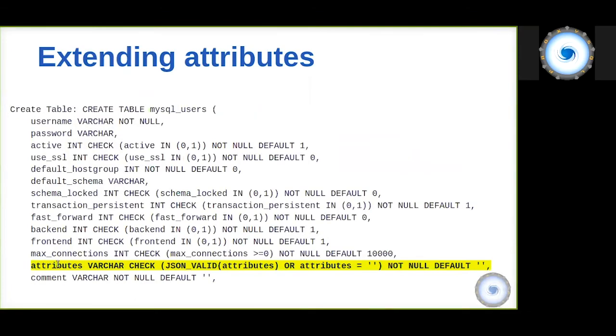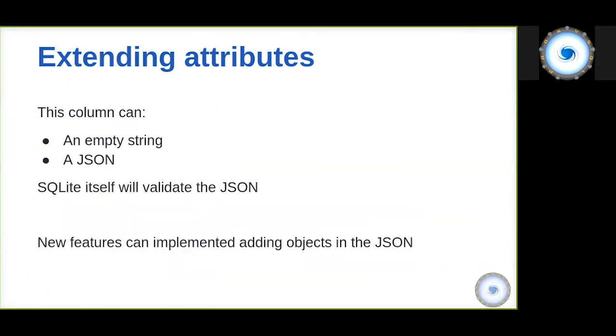This column is a varchar, by default an empty string, and it is either a JSON or an empty string. SQLite itself will perform the input validation, so it will make sure that whatever we are writing there is a valid JSON. Every new feature that we want to introduce, either on the MySQL user table or on the MySQL query rules, we can just add as a new object in these JSON attributes.